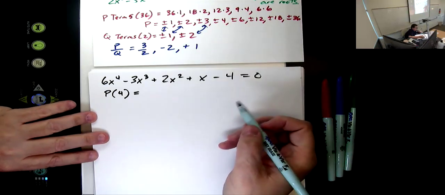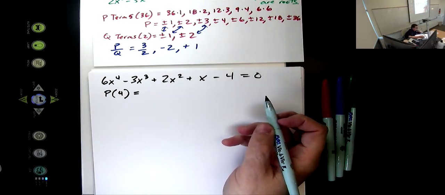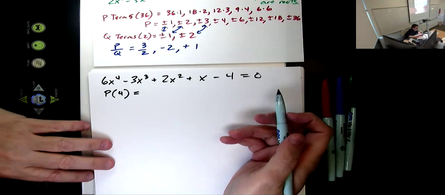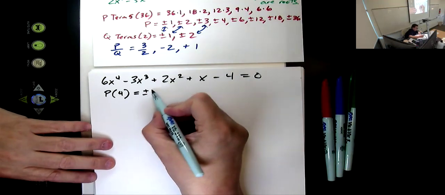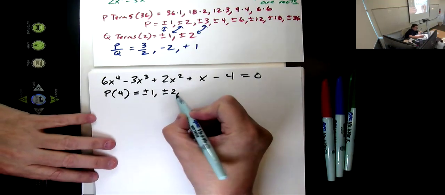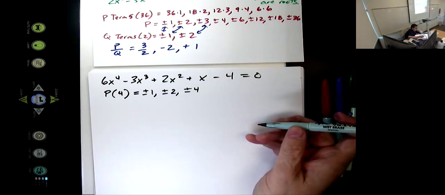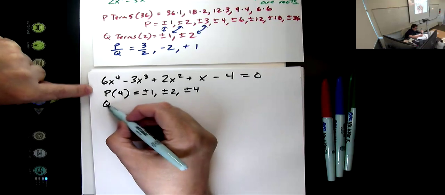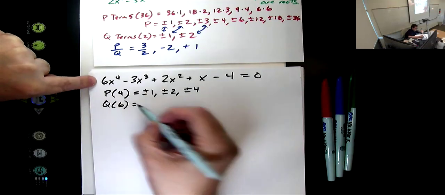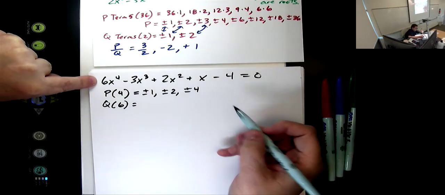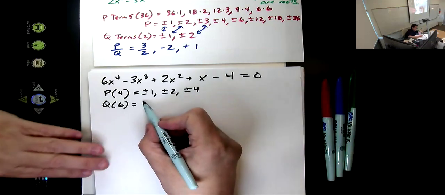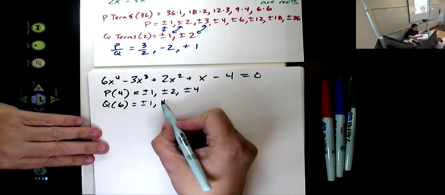So what things can multiply to make 4? 1, 2, and 4. So plus or minus 1, plus or minus 2, plus or minus 4. Q comes from the first one, 6: 1, 2, and 3, and 6, right?